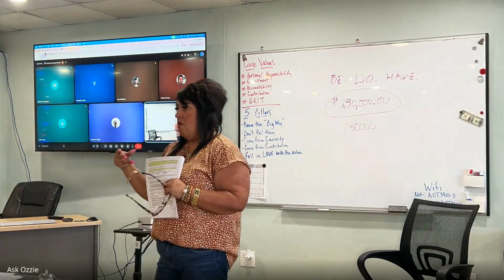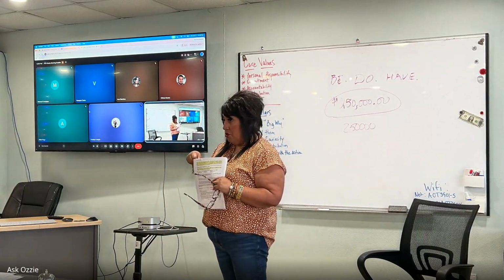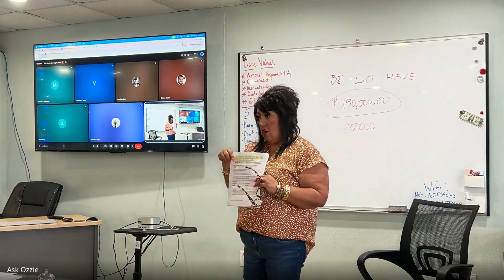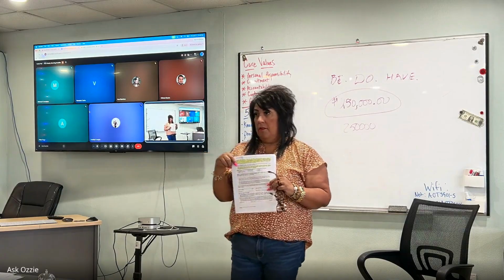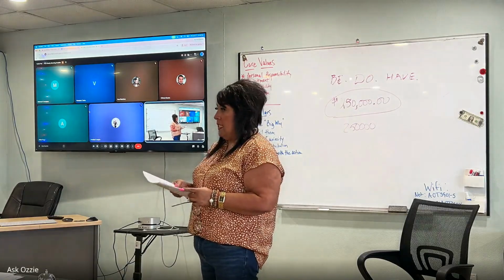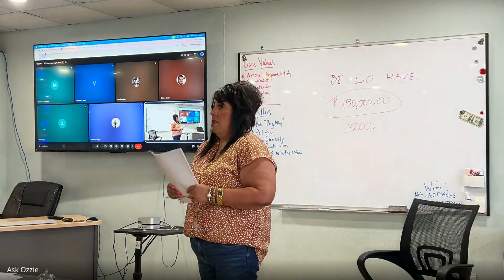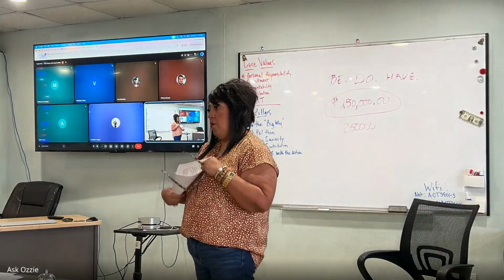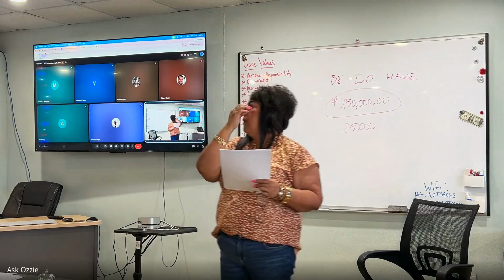So now we have to update our seller's disclosure notice and attach all of those reports to the seller's disclosure notice. Okay. And my seller wanted the inspection report. So now we have an inspection report. So we have to update. We had to update everything.